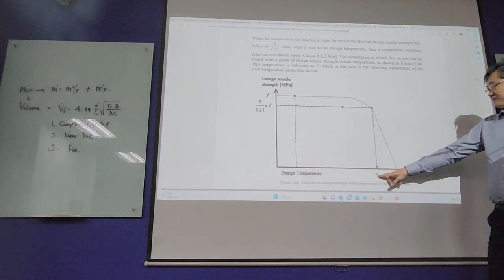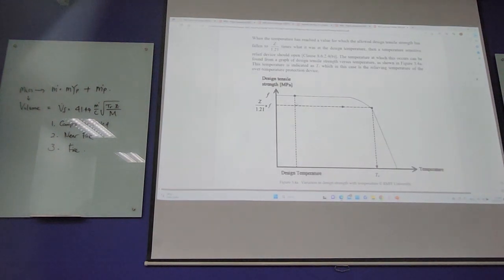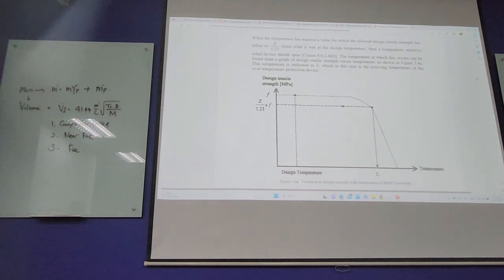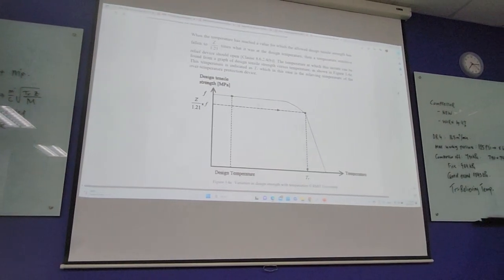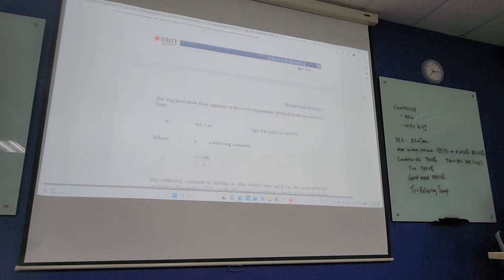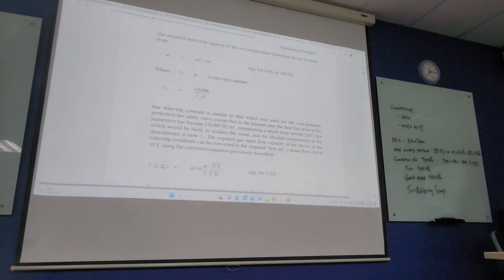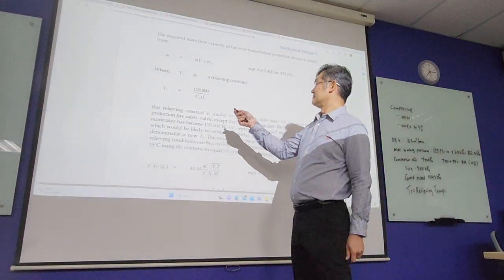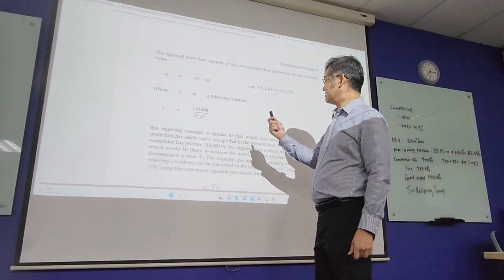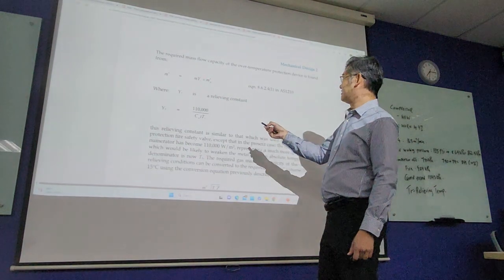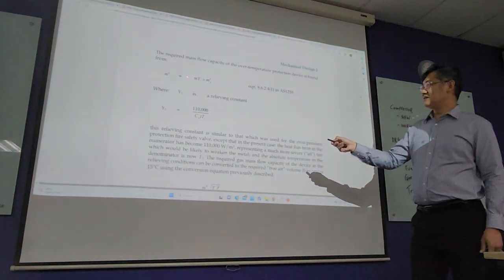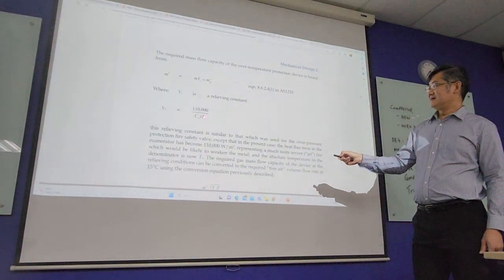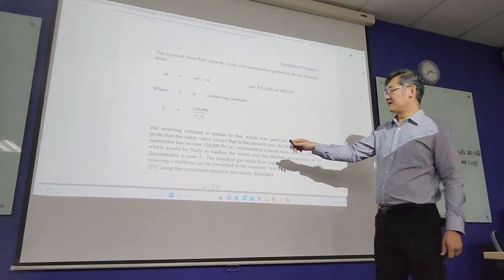We want to find this out. After you find out this value using this nice diagram, we want to plug it into this formula, similar to what we saw just now for the near fire case. This one is fire, so it is another formula we apply, and this is the TR, the value that you plot from the chart.